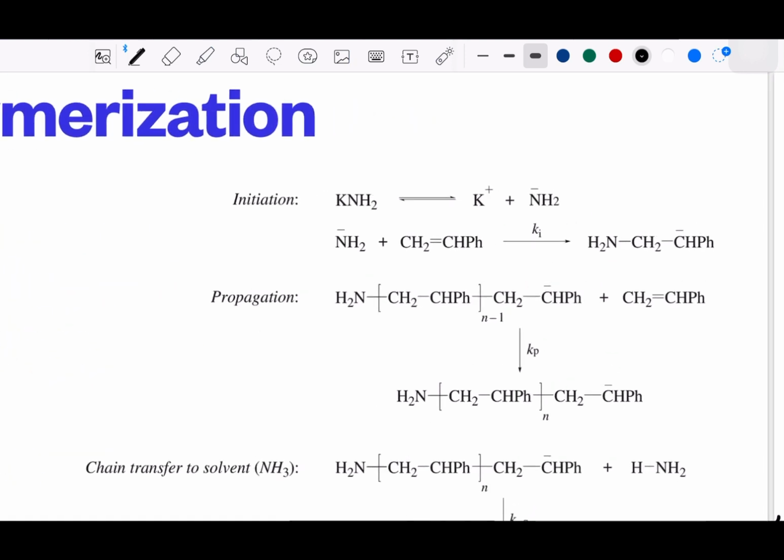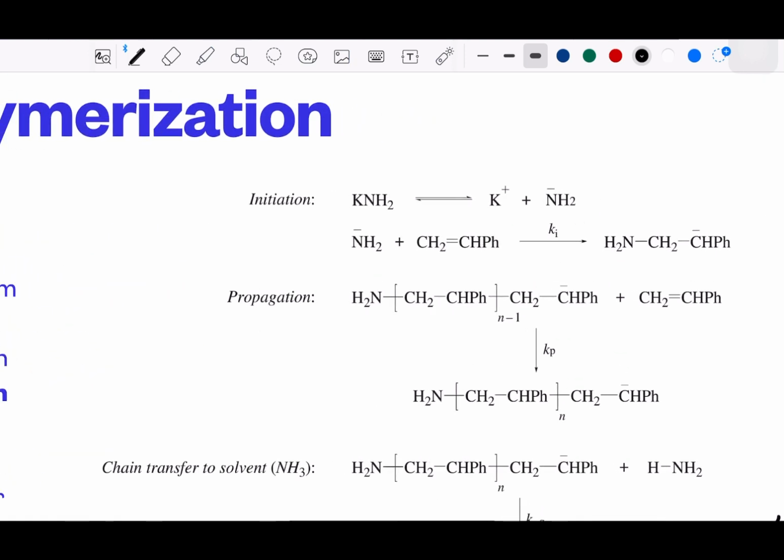The negative charge will shift to this carbon here, and then they are going to reiterate for every unit. So it will propagate and propagate, and the side directions will result in this double bond.